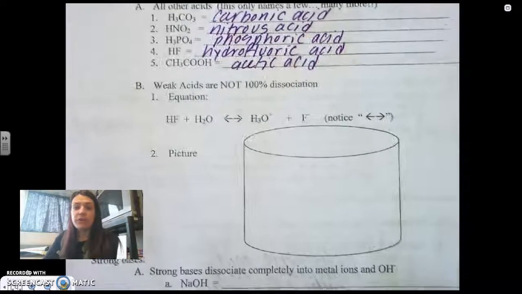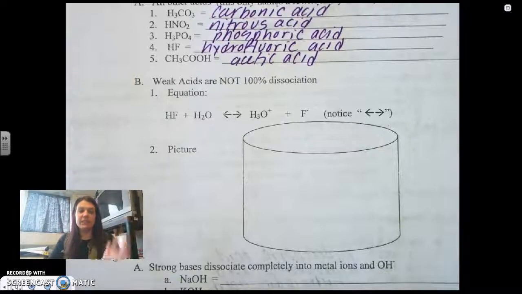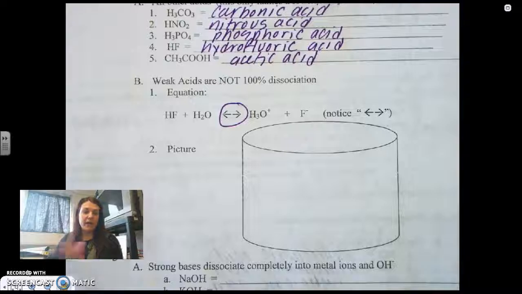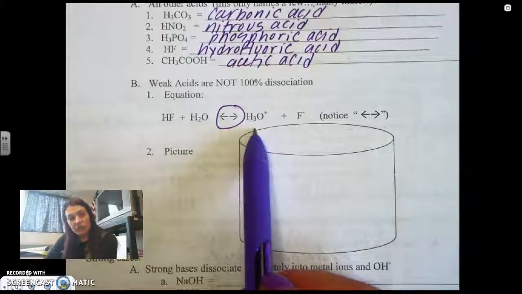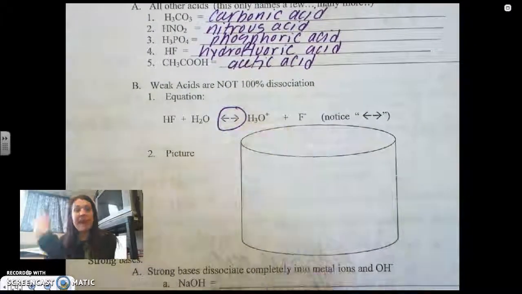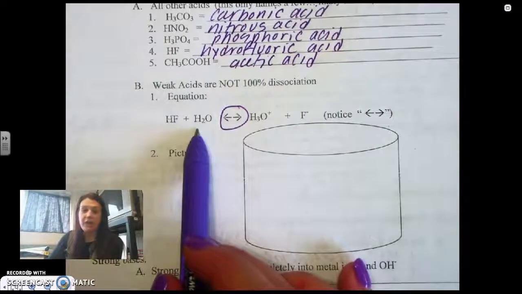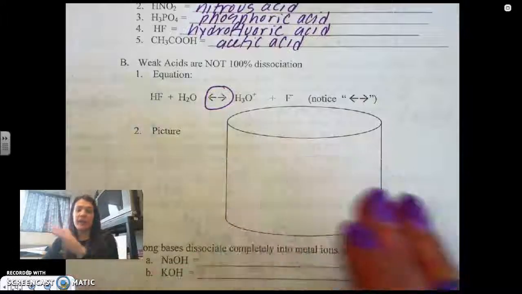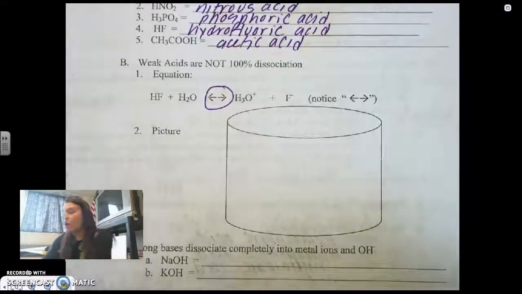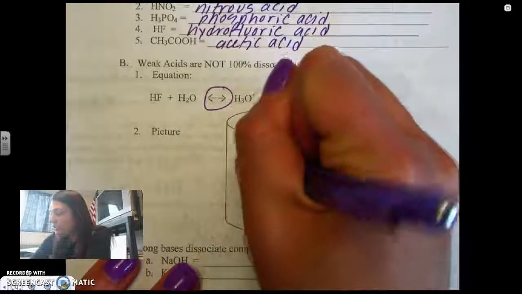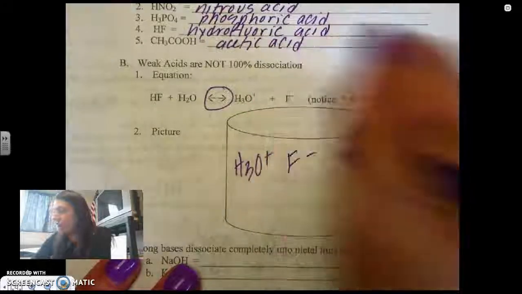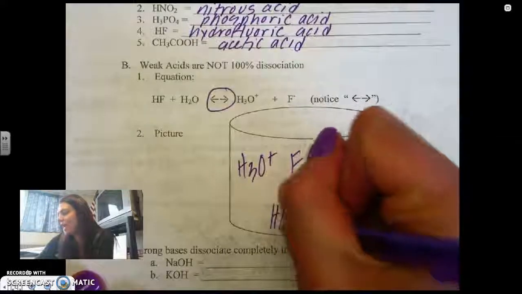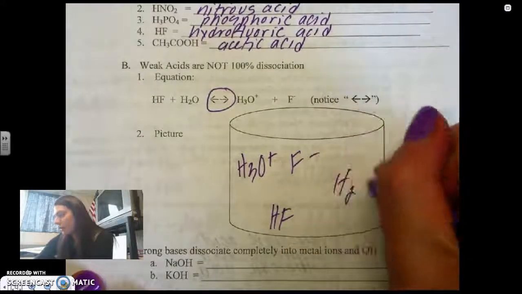For a weak acid, you'll notice it doesn't completely dissociate, and this is a reversible arrow. That means I can make H3O+ and F-, and I can make HF and H2O. If I put HF into water, I will have H3O+ and F-, but I will also have HF and water molecules.